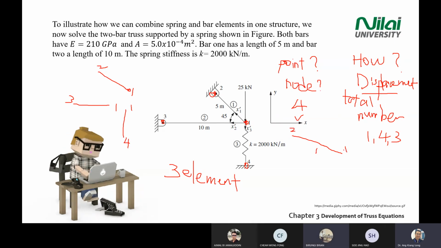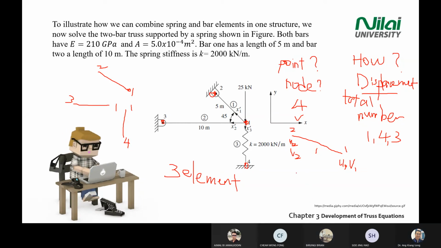Each displacement, you need to displace in x and y direction, correct? So you have u and v here. In this case, we don't have z, so you only have 2. So you have u1, v1. Look at point 2. Point 2 also, you need to refer to 2 axes here. So you have u2, v2. For element 1, you have 4 displacements.